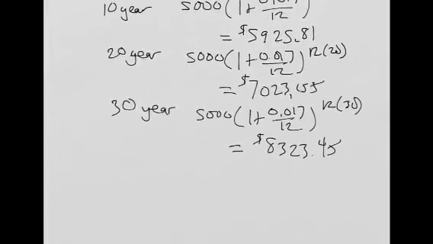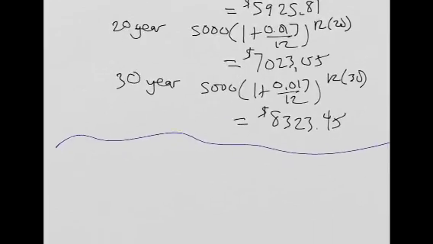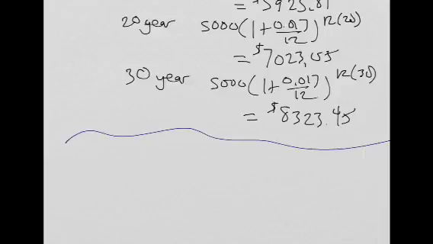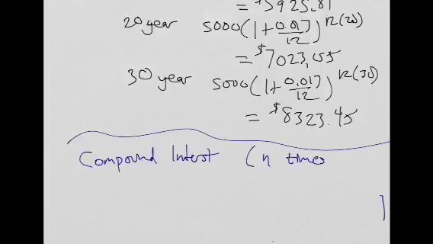In general, when we are doing money problems and dealing with compound interest, and we talked about this back in sequences, compound interest, we're going to go n times a year.